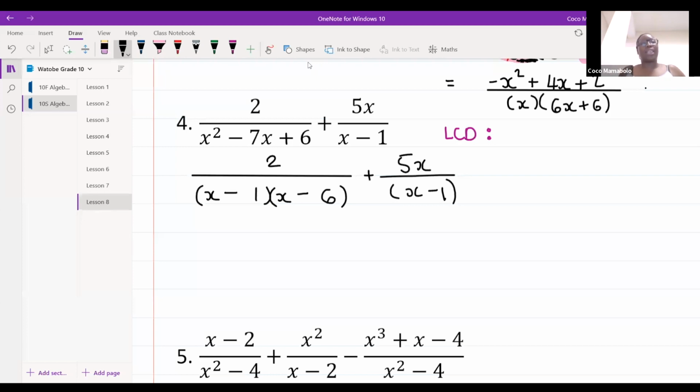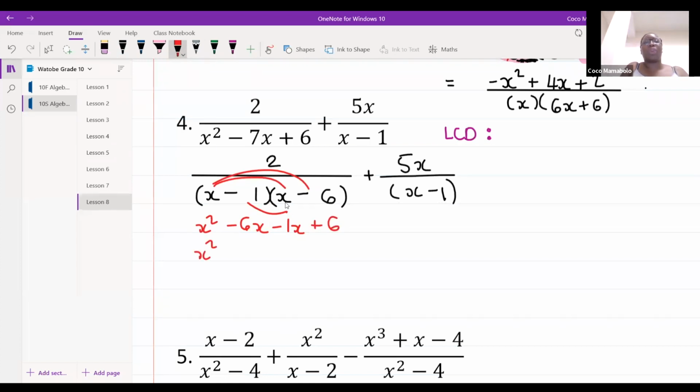Yes, it is negative 7. Inganati says, but ma'am, it's negative 7. Inganati, let's multiply out. X times x is x squared. X times negative 6 is negative 6x. X times negative 1 gives me negative 1x. And negative 1 times negative 6 gives me positive 6.